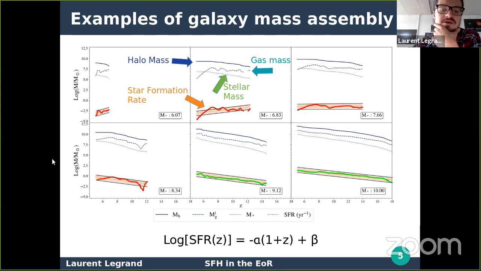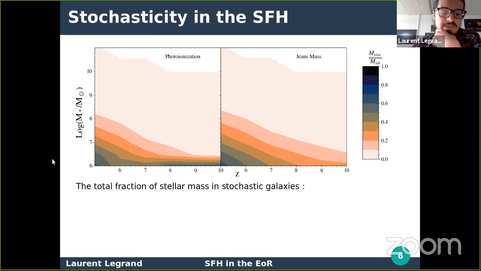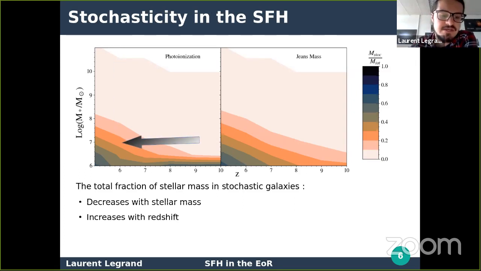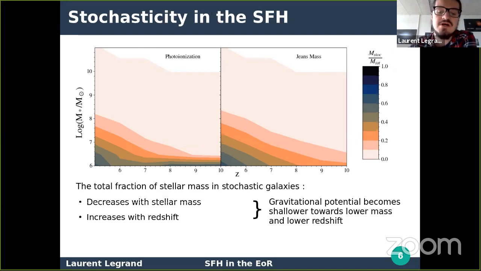And now we can look at the stochasticity as a function of mass here on the y-axis and redshift. And here is the total fraction of stellar mass that is locked in the stochastic regime. We can see that it decreases with stellar mass and it increases with decreasing redshift. These two effects are both due to the gravitational potential of galaxies becoming shallower towards lower mass and at lower redshift.